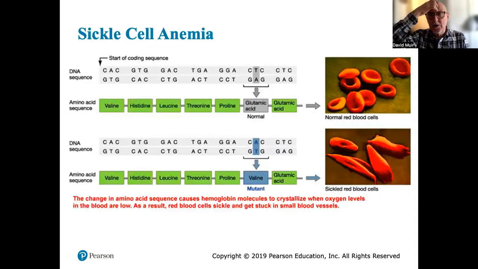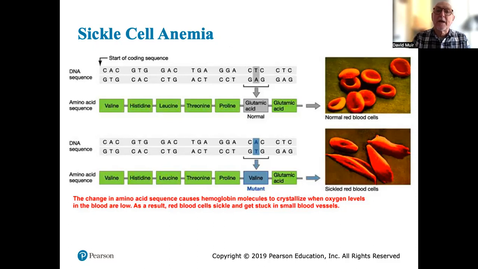Okay, so I just wanted to show you this example. This is a missense mutation with its results in human beings, and this is the cause of sickle cell anemia. So here is the normal triplet CTC that is transcribed to GAG, and that results in putting in the amino acid glutamic acid.